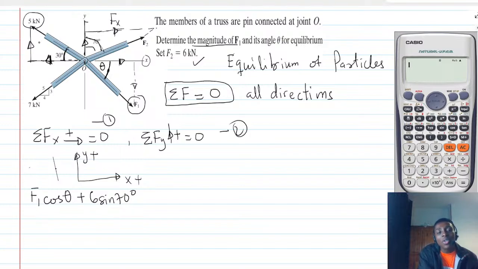So for the 5 kilonewton force, the x component is going to be minus 5 cosine 30, because it is adjacent. So please take notice of this. Whenever the angle is opposite to the side, it is sine, and whenever the angle is adjacent to the side, it is cosine. Is that right? All right.